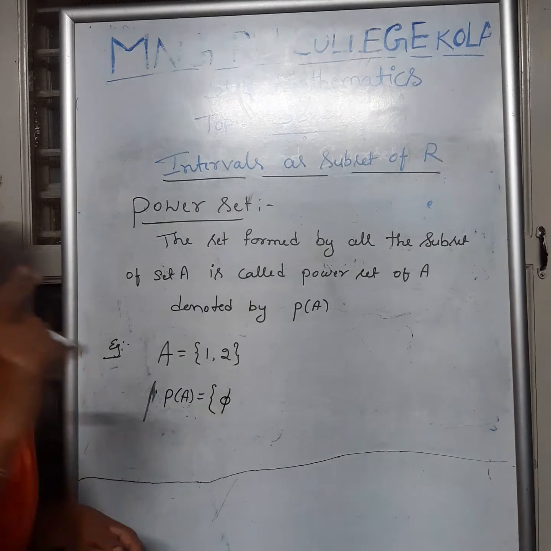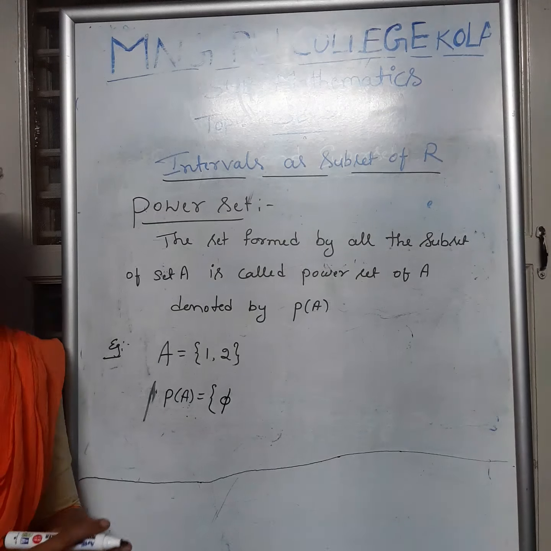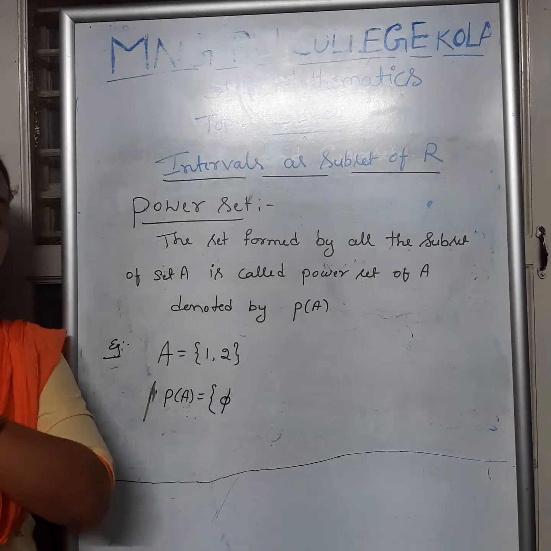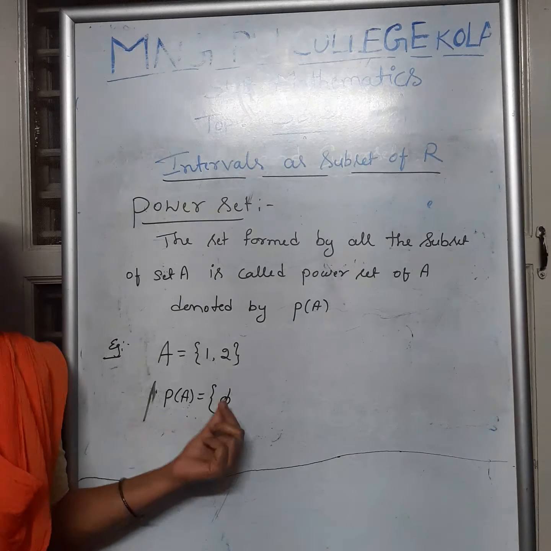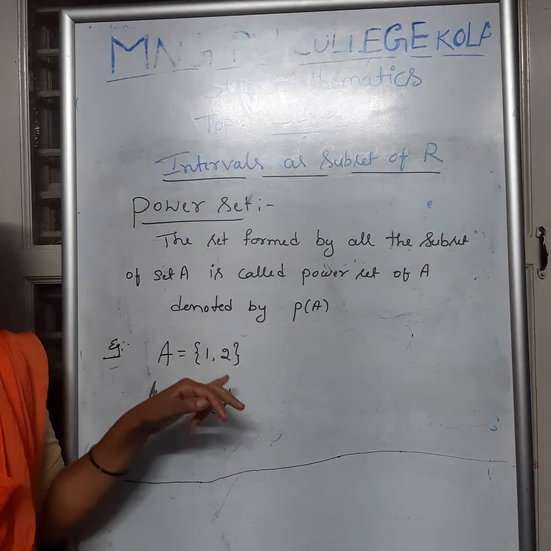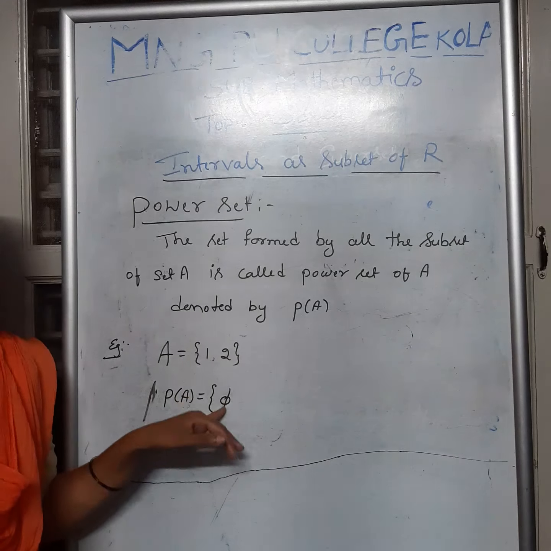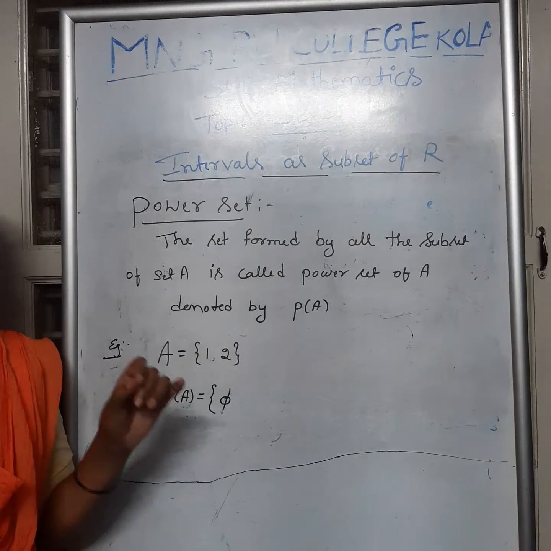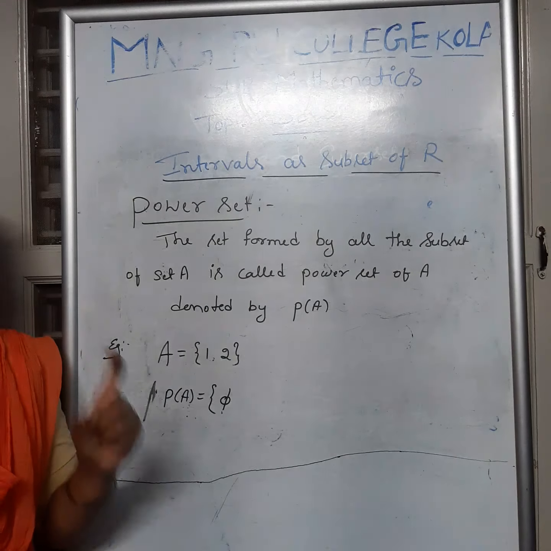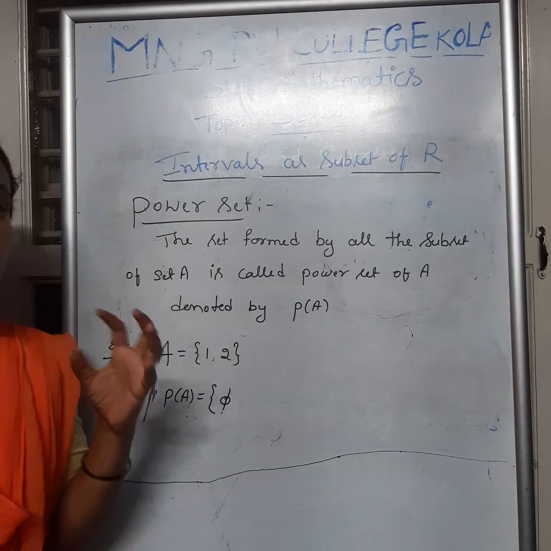The null set is a subset of any set. If we write subsets, first we should consider the null set also. So the null set is common to every set.